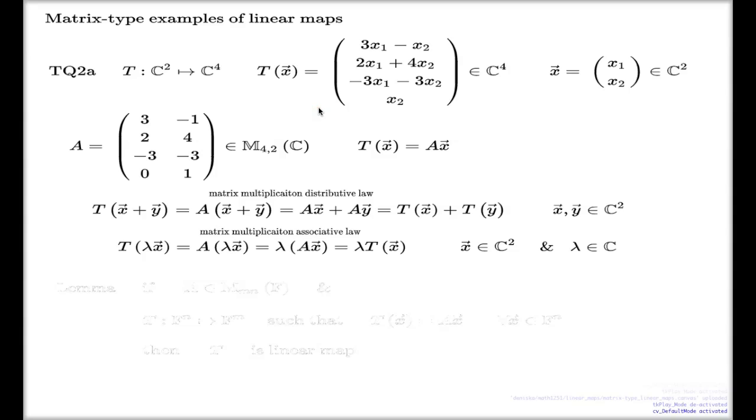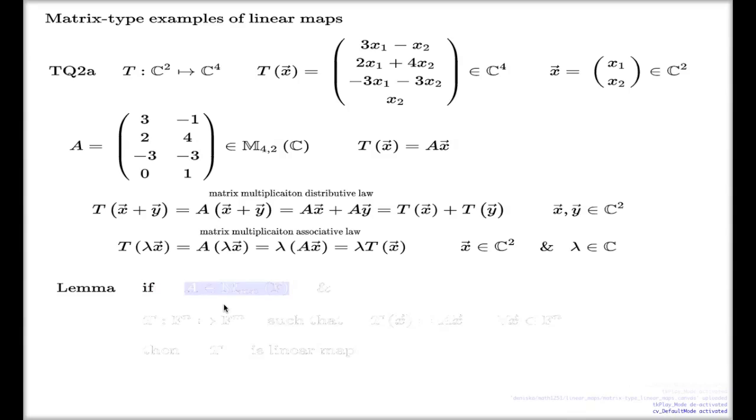Effectively, you can repeat these 2 lines without attachment to any particular choice of the matrix A or any particular choice of the dimensions of your domain and codomain. You can repeat these steps for any Cn and Cm, and that's what I'm going to fix as a lemma actually now, another lemma for you, which you can use as a reference when you do other questions in the yellow book.